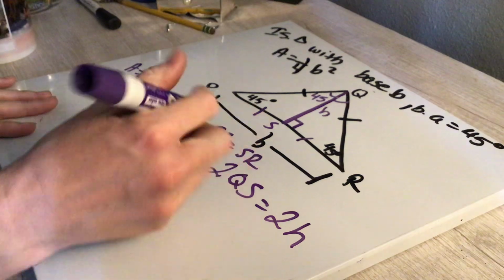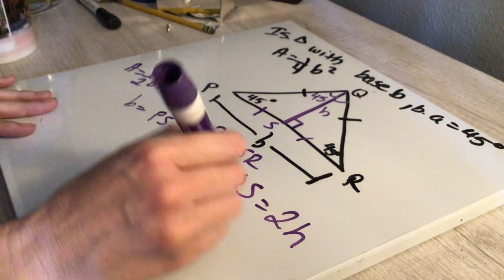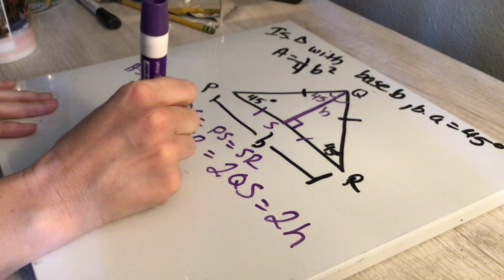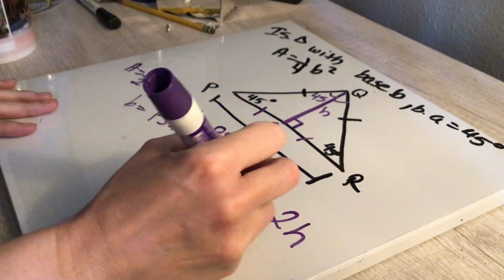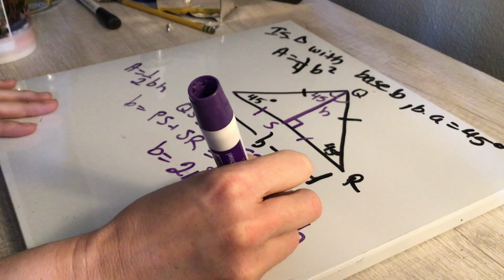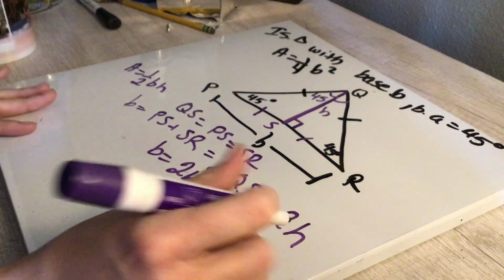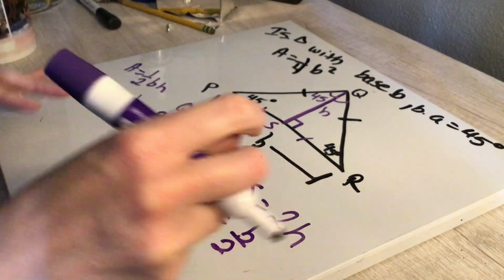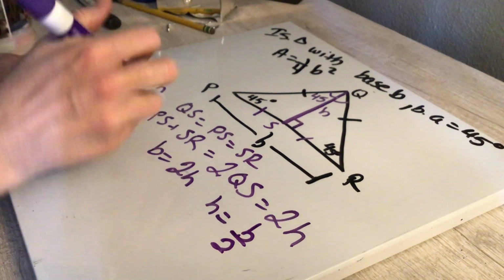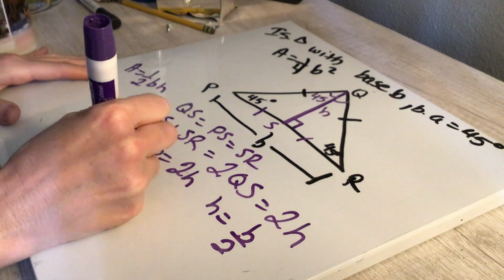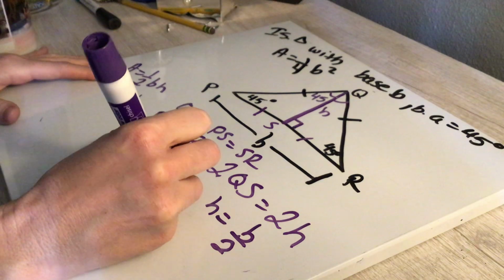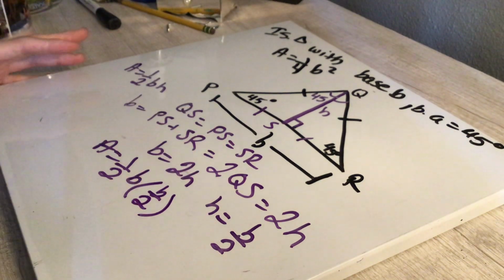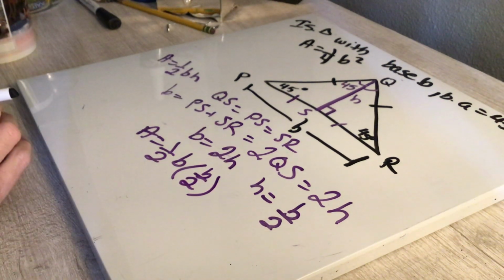So then the height is, so if we know that the base then is twice the height, the height is half the base, or base divided by 2, okay? Well then, plugging this into area, we get area equals 1/2 times the base over 2, right?